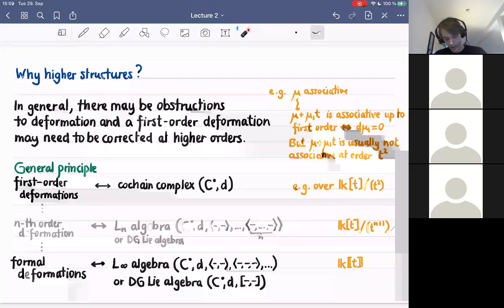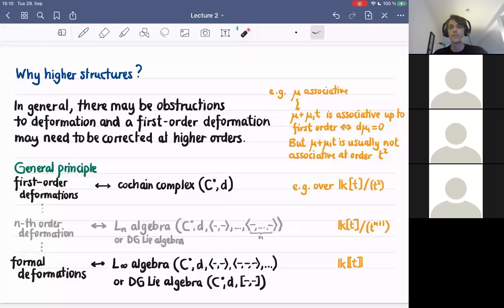If you have a DG Lie algebra that controls your deformation problem, you only need the second bracket, and then you're happy. But sometimes maybe the complex you have is nice and small, like the complex that comes from a reduction system, but actually you need many higher brackets to make it work. So for formal deformations, you usually want a DG Lie algebra if you can, but sometimes it's more convenient to work with an L-infinity algebra, and then you get higher brackets as well.